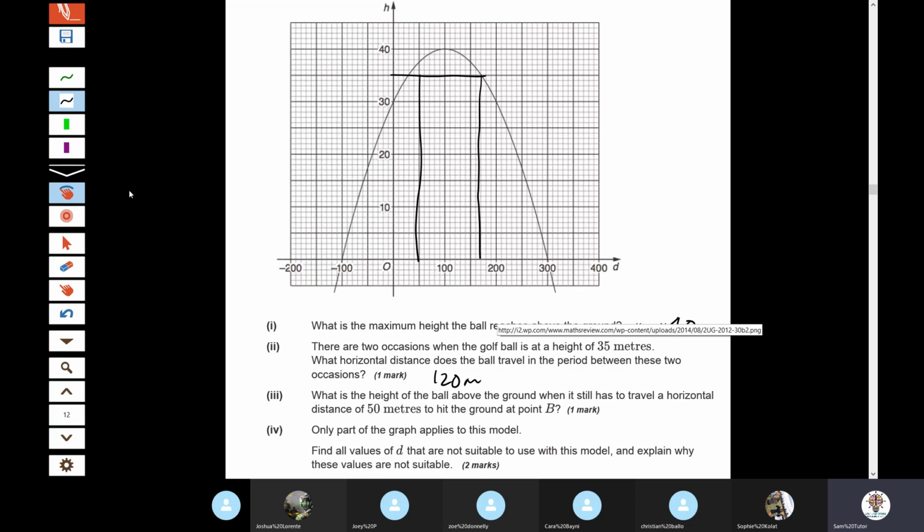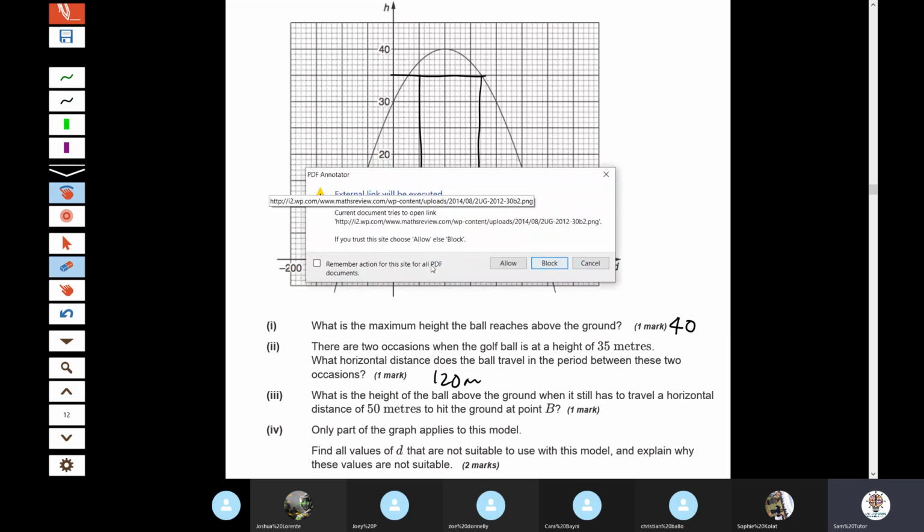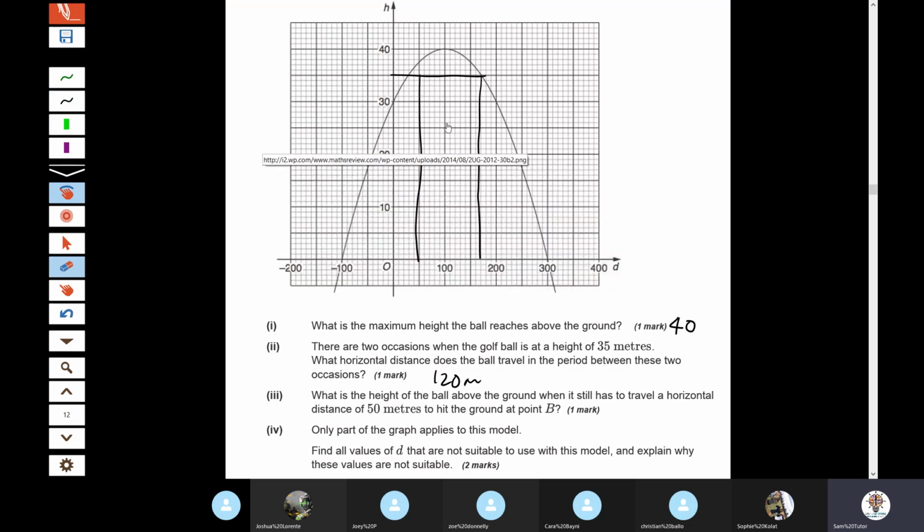Oh, that's why. Okay, so it should have been from here. Which you're saying is 140 now? Of course, because 20 there, 20 there. Okay, 140. Thank you.